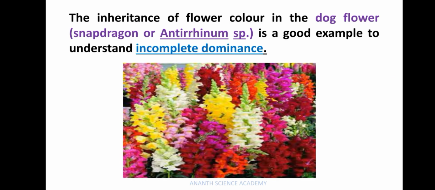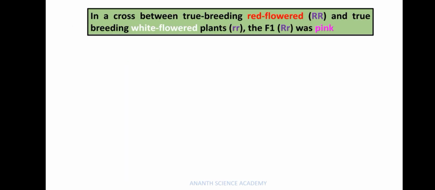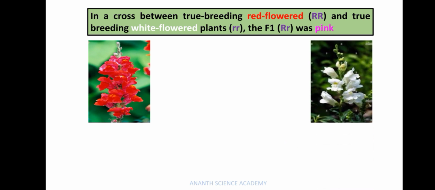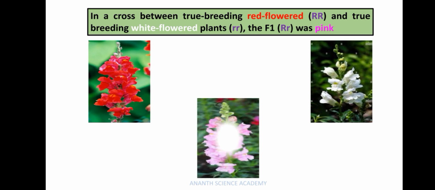The inheritance of flower color in the dog flower, otherwise known as snapdragon or Antirrhinum species, is a good example to understand incomplete dominance. In a cross between true breeding red flowered and true breeding white flowered plants, the F1 was pink.